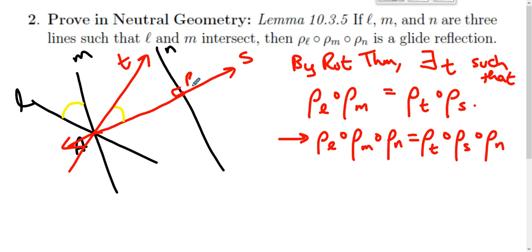So we're going to let B be the point where S and N come together.